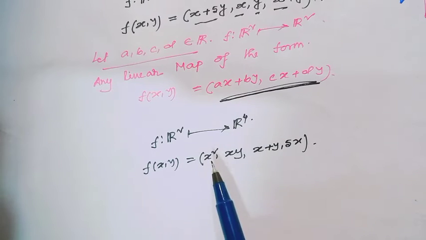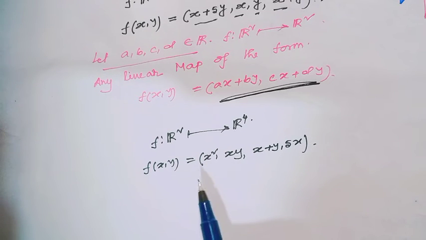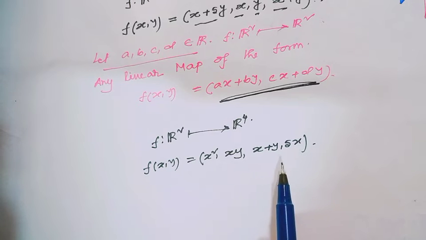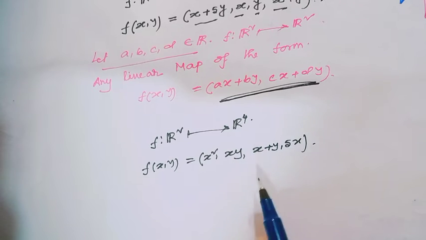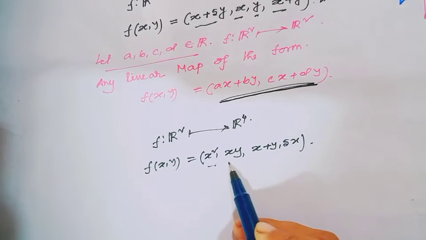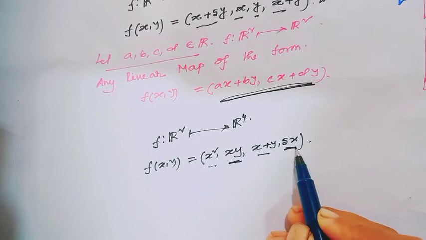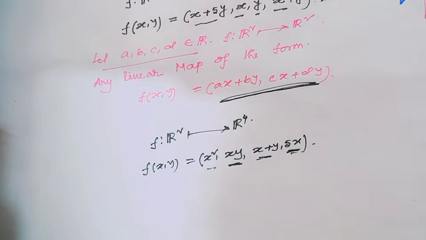Consider another transformation f from R2 to R4 such that f(x, y) equals (x square, xy, x plus y, 5x). Is it linear? Notice here x square and here xy. Obviously the other two terms are linear, but are these two terms linear?